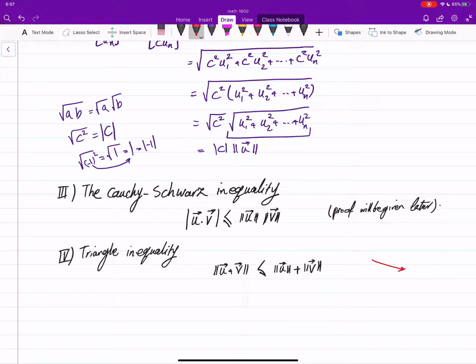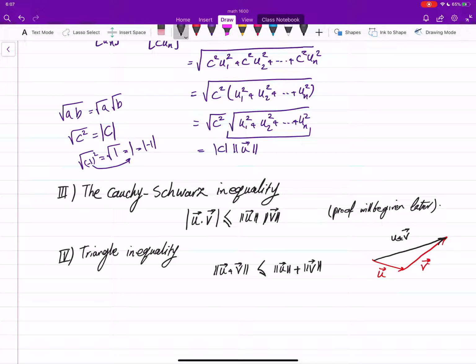You see, this is in 2 dimensions. I can show you. This is u, this is v, and using the head-to-tail rule, we know that this is u plus v. And this is basically a triangle.